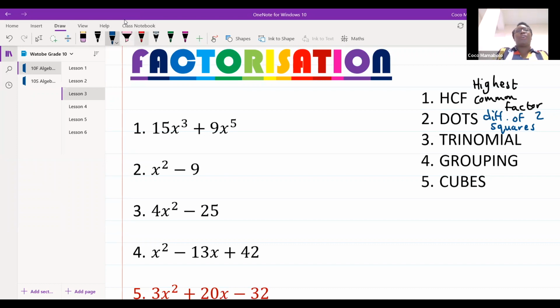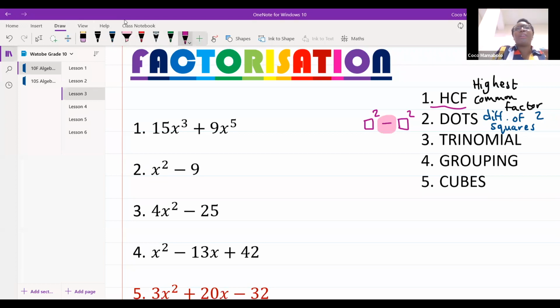All right. So whenever we see any of these questions, we start by looking for a highest common factor. And if we have to look for DOTS, we always know there's going to be something squared minus something squared. I cannot emphasize enough that this is a difference of 2 squares, so there must be a minus in between these 2 squared numbers.